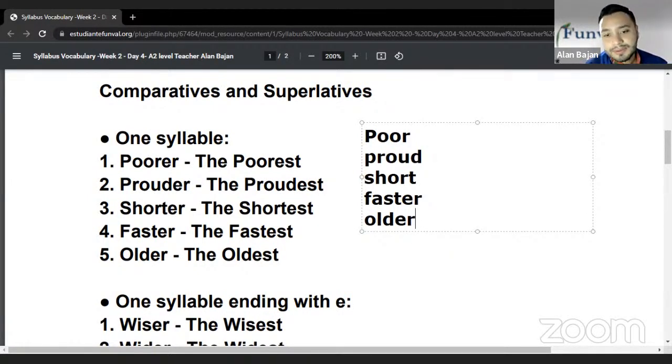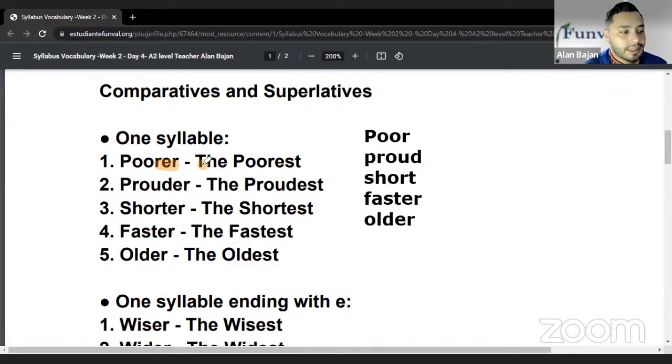These are general adjectives of one syllable. For these ones, I add ER at the end of the adjective. This is the general rule.